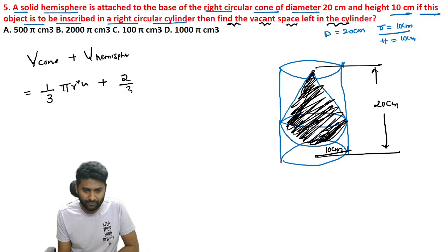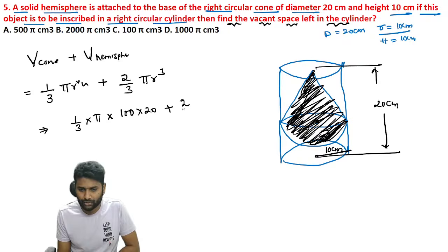The volume of the hemisphere formula is 2/3 pi r cube. Let's go through the simplification. Pi r square is common, right? Take 1/3 into pi into radius 10 square, which is 100. Again, the height is 20, plus 2/3 into pi into r cube, which is 1000.